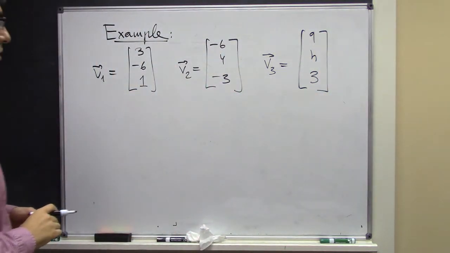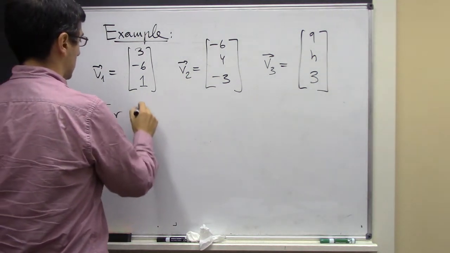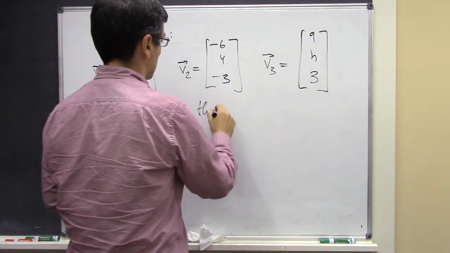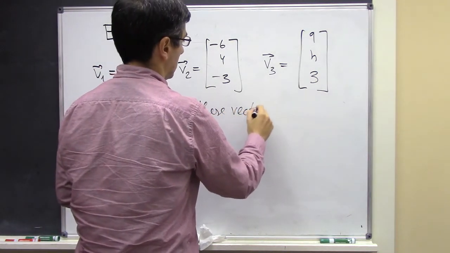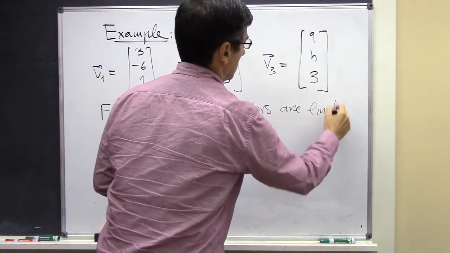All right, so the question is, for which h are these vectors linearly dependent.